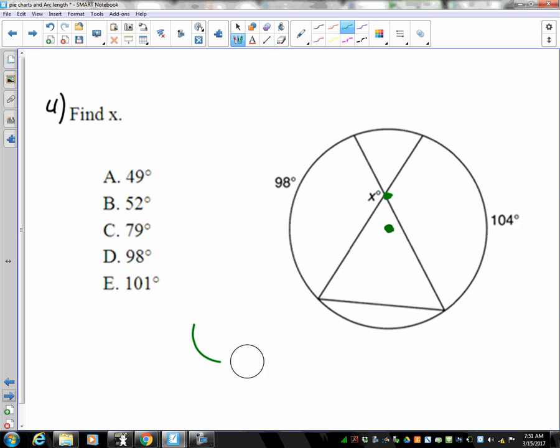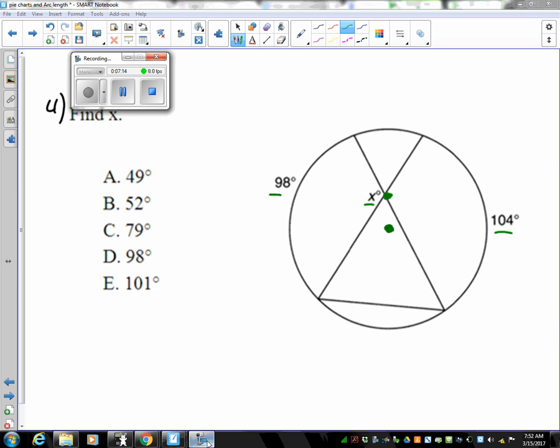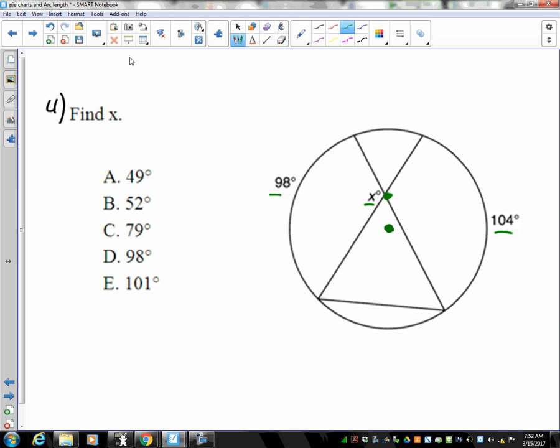So what we have to use here is a theorem that says that the measure of this angle is half the sum of the arcs. So let me say that again here, write that down. The measure of that angle is half the sum of the arcs here. So x will be equal to 1/2 now times the sum.